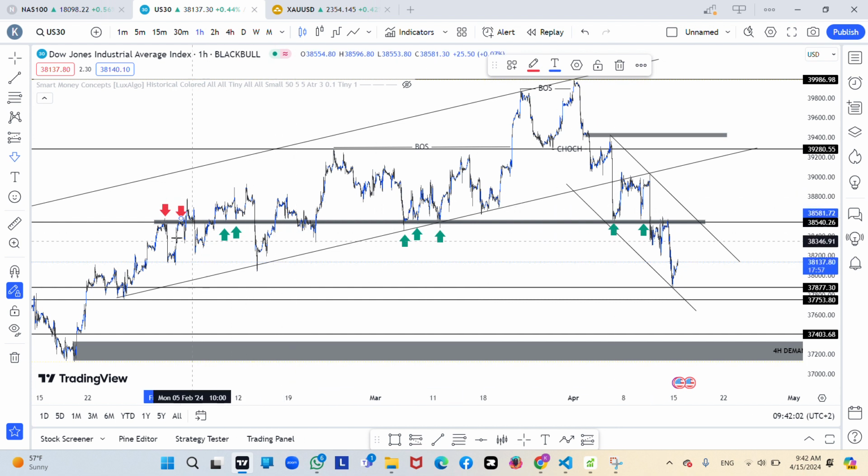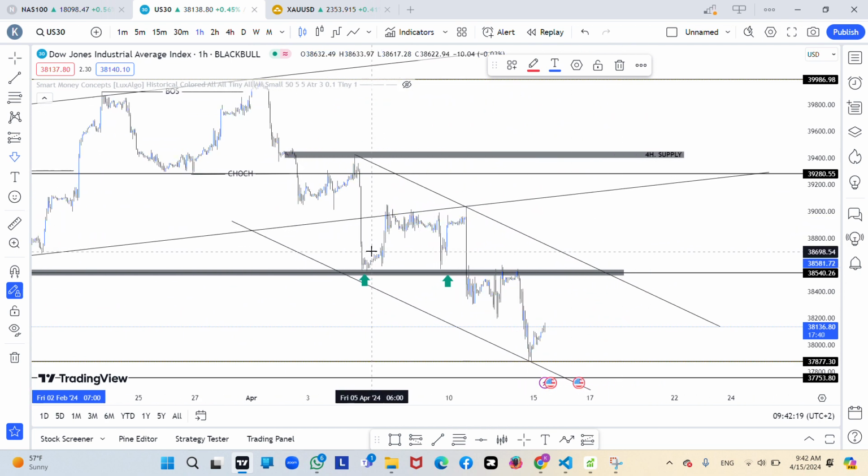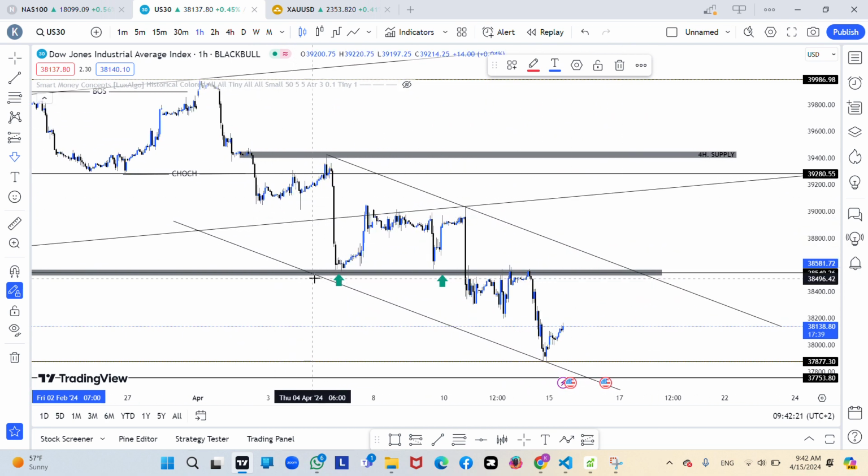As soon as price here was being resisted, and price finally crossed above, meaning now the zone becomes a support, right, guys. So let's come here. Price is above the zone, so that's a support.